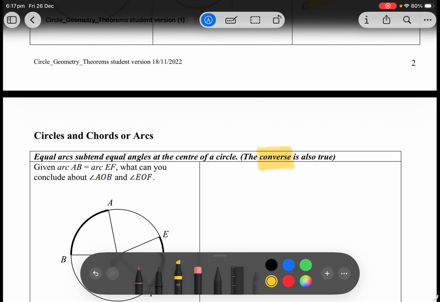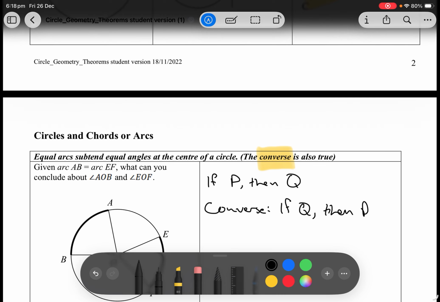So if something, then another thing. I'll write it here so you can get a feel for it. If P, then Q, the converse to that statement is if Q, then P.